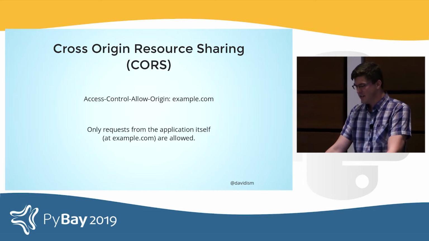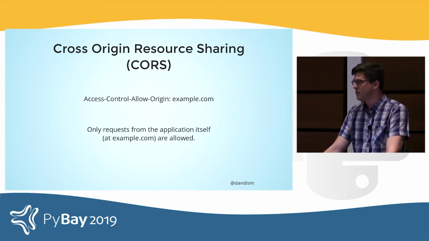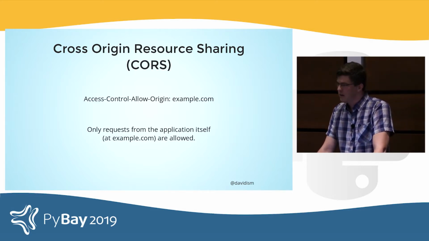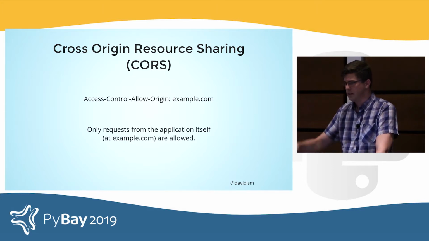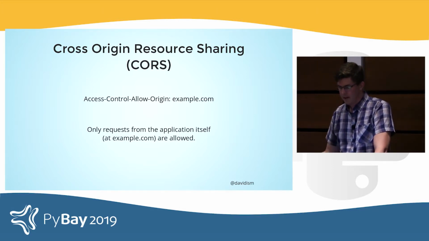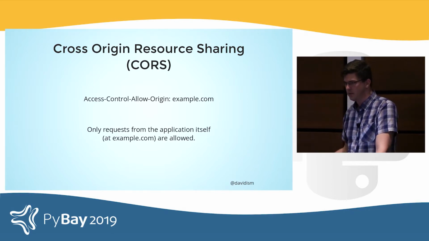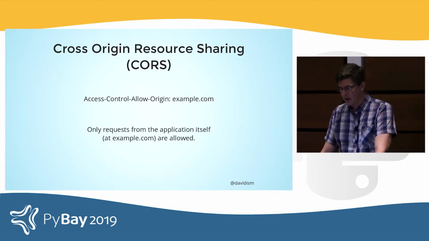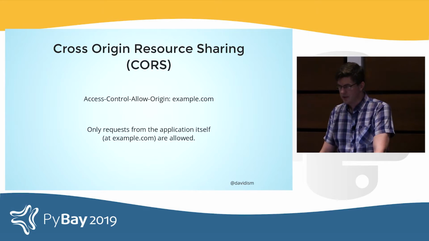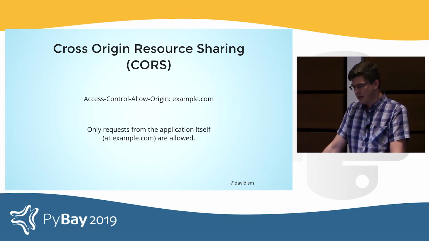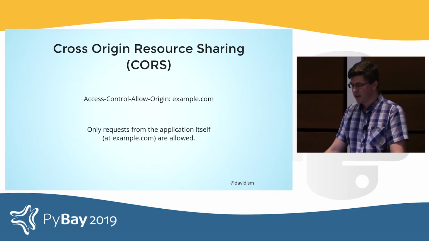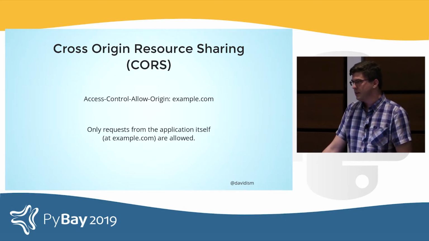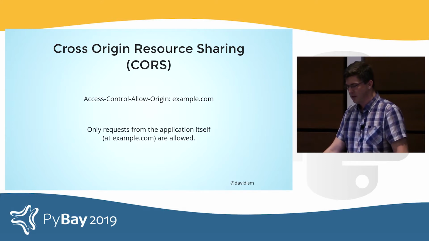And this is a newer browser feature to help prevent cross-site scripting, where it will say, if it looks like you're making a request from a different domain, a different origin, I'm going to check with the application first if that's allowed.